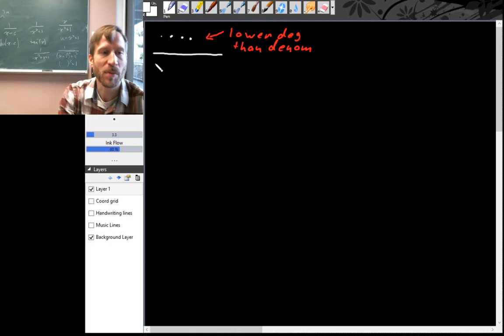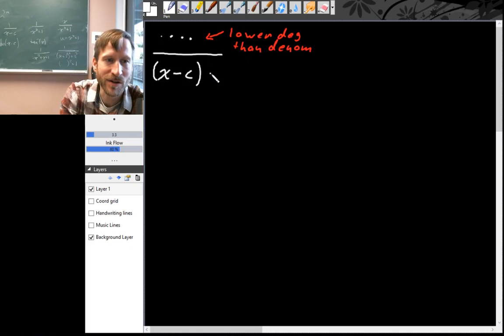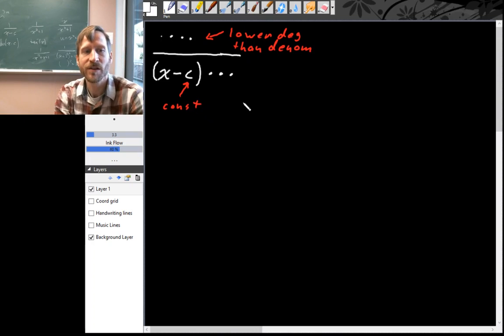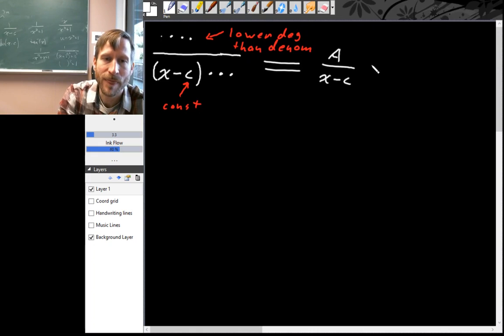All right, so partial fractions, it all depends on what exactly shows up in your denominator. If your denominator has a linear factor, like x minus c, to the first power, where c is any constant and x is the variable, then your partial fractions decomposition will have some unknown constant A over x minus c, and then plus any terms that you get from other factors in your denominator.